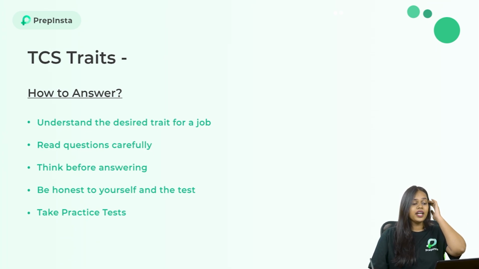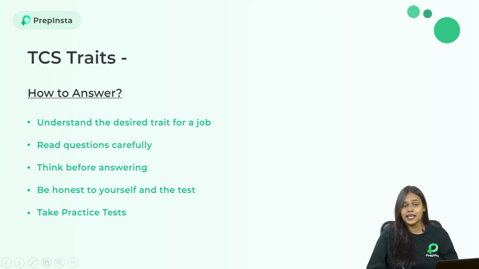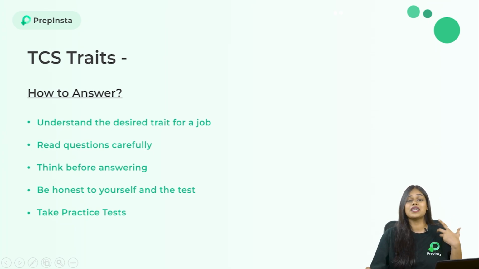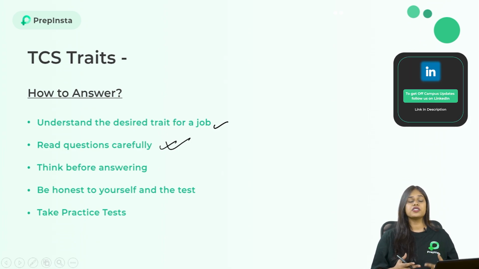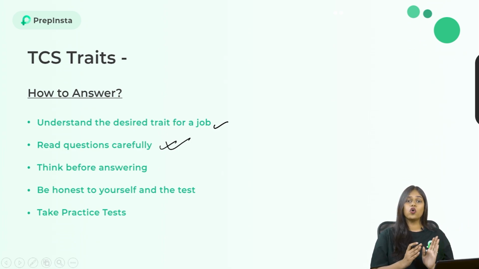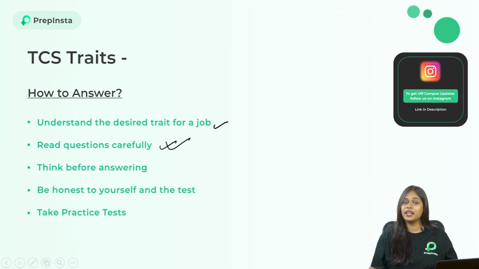All right. Read questions carefully. When you are given a question based on a personality test or traits, you need to read the question carefully and understand what question they're asking or what personality they are looking for. This is the second step. Think before answering. You shouldn't just go with the extreme positive answer or the extreme negative answer.